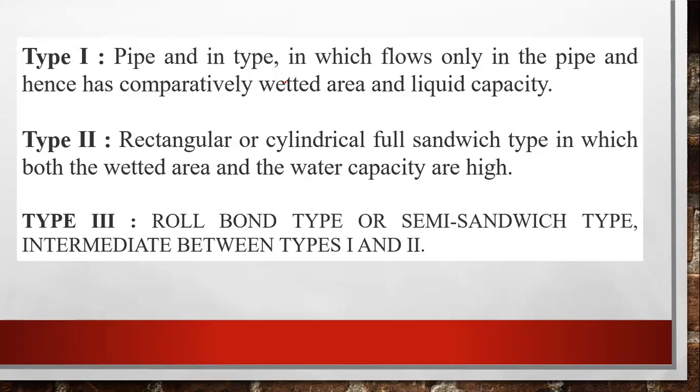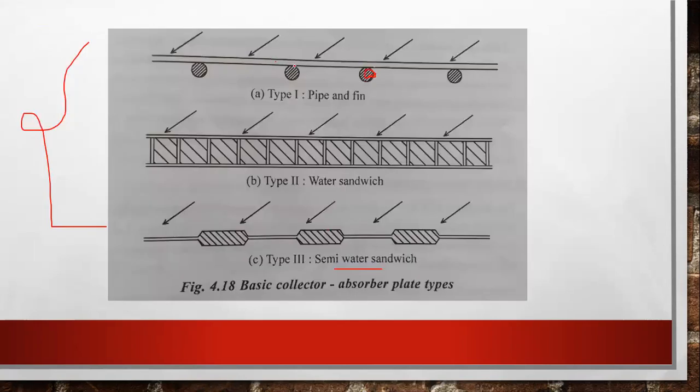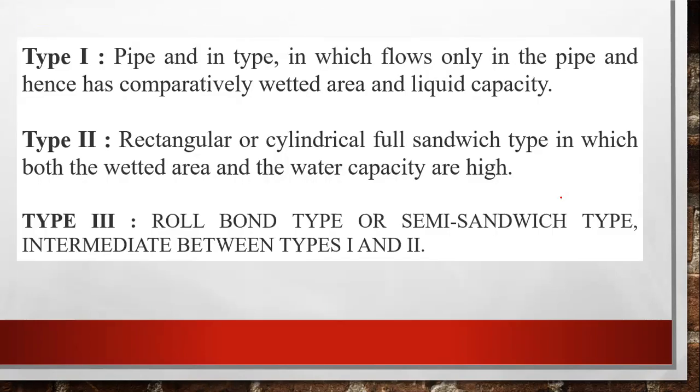In type 2, the rectangular or cylindrical full sandwich type, both the wetted area and the water capacity are high. In type 3, the roll bond or semi sandwich type, it is intermediate between type 1 and type 2. This is all about type 1, type 2 and type 3.